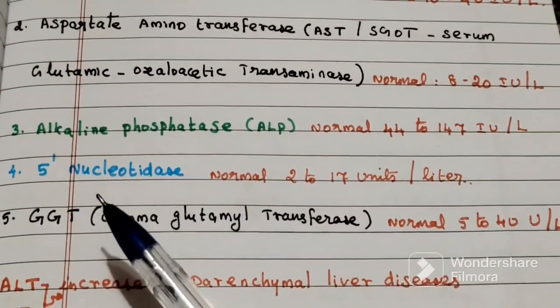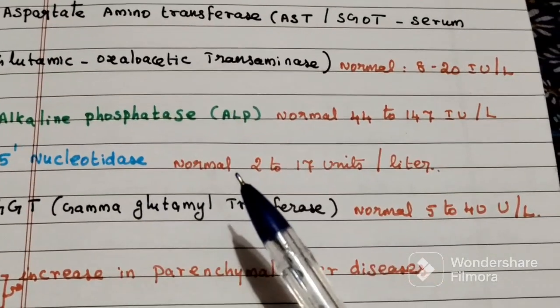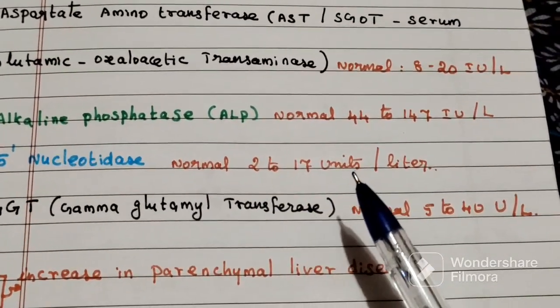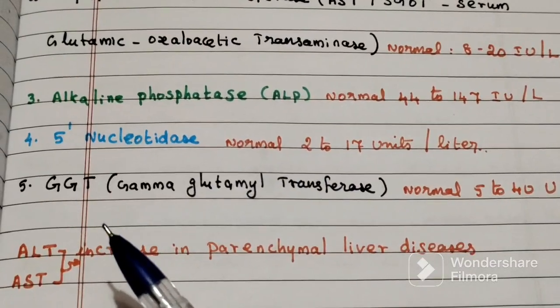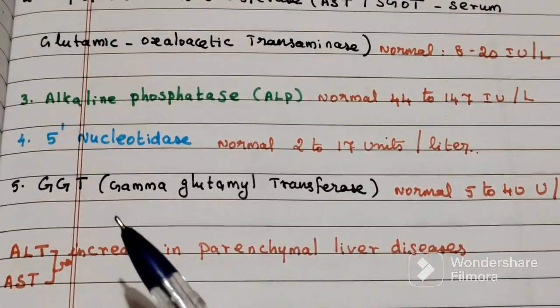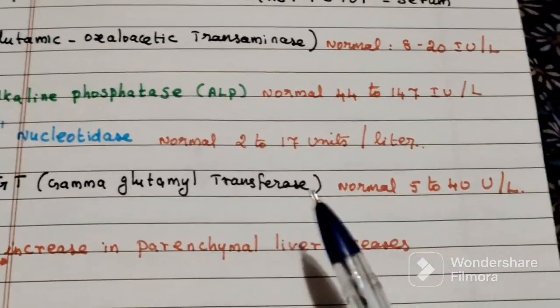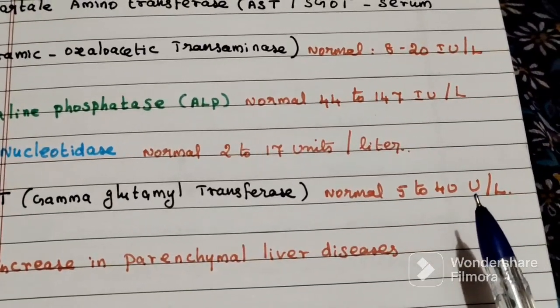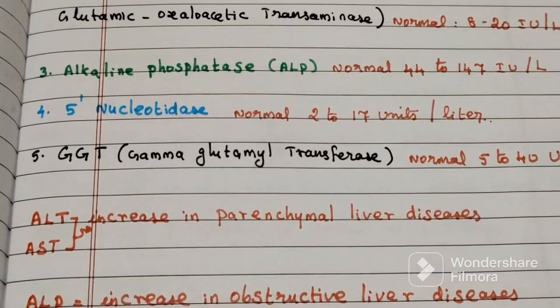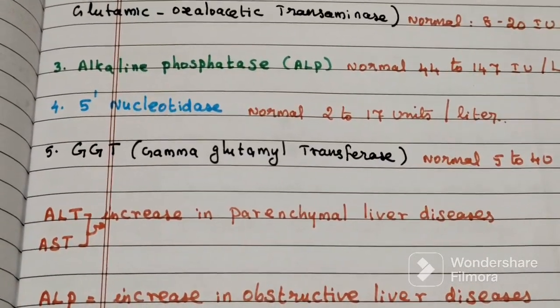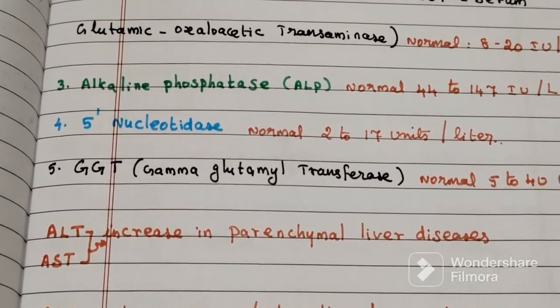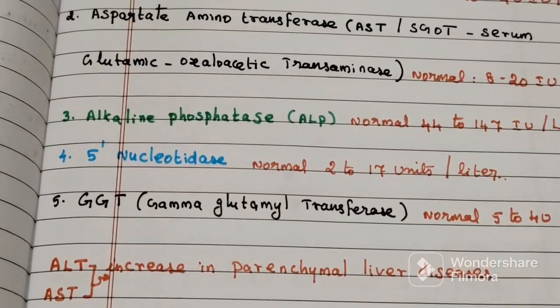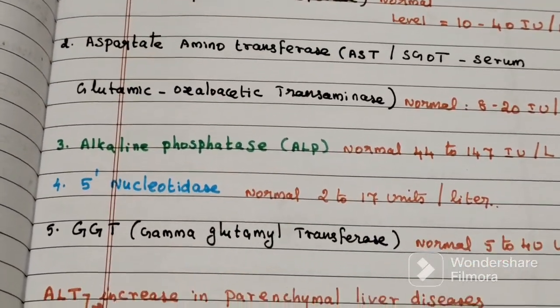Then 5' nucleotidase, normal range 2 to 17 units per liter. Then gamma glutamyl transferase, GGT, normal range 5 to 40 units per liter. These are the important enzymes used for diagnosis of liver disease.